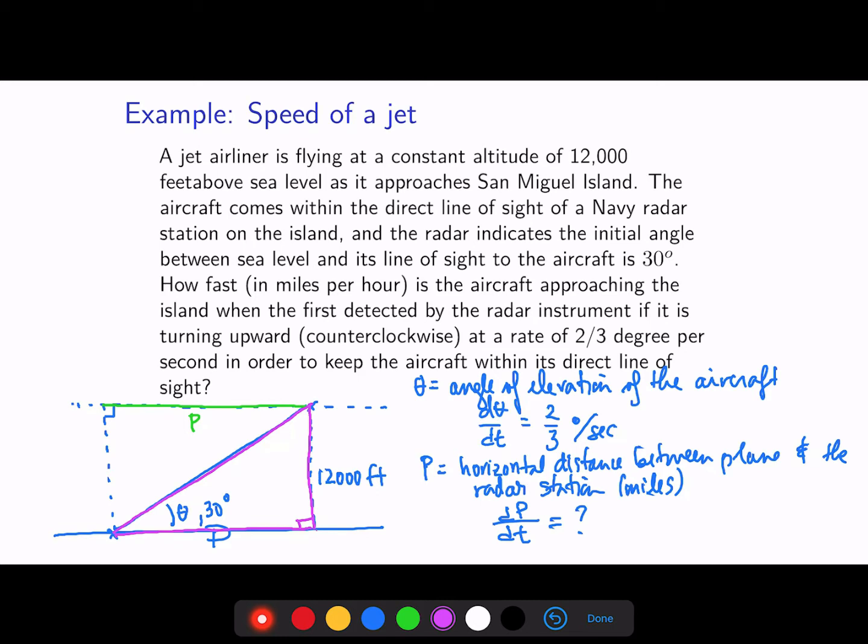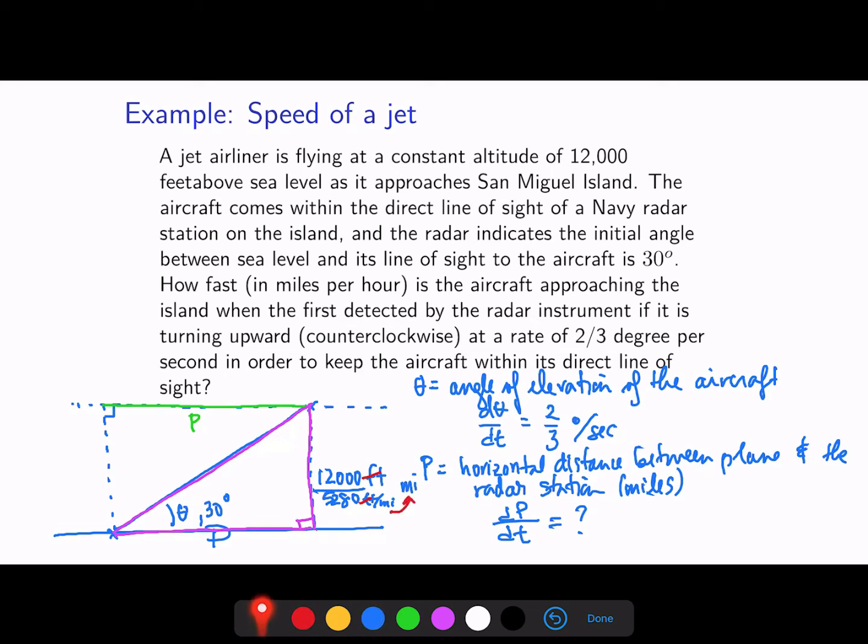But let's do a couple of things before we set that equation up. Since I'm interested in the units being miles, let's divide this by 5280. There's 5,280 feet in a mile, so this is my conversion factor from feet to miles. Now my feet units cancel, and I'm left with the unit of miles here.